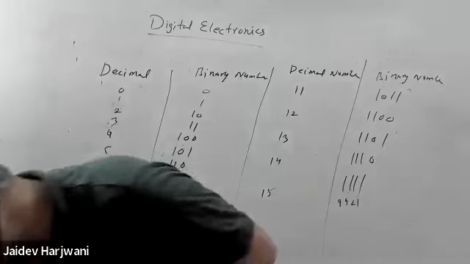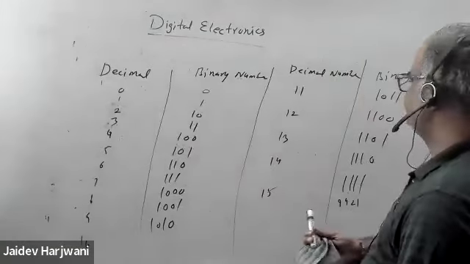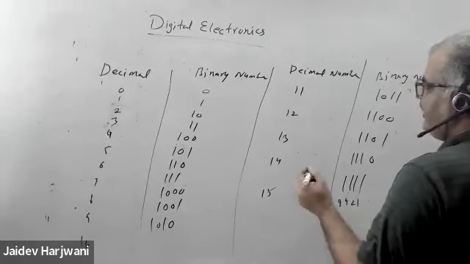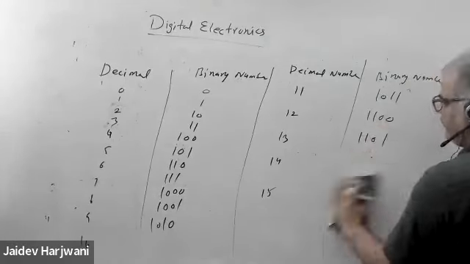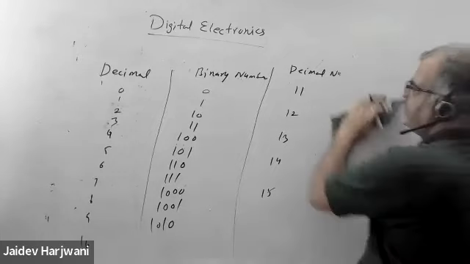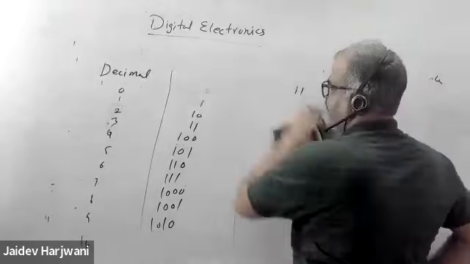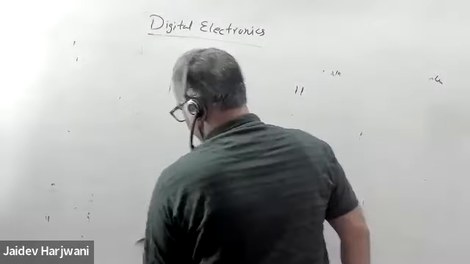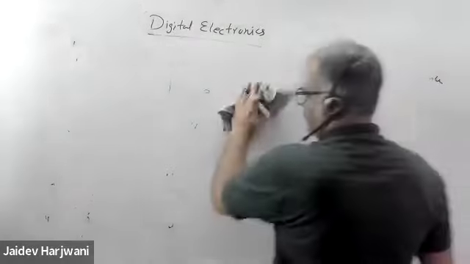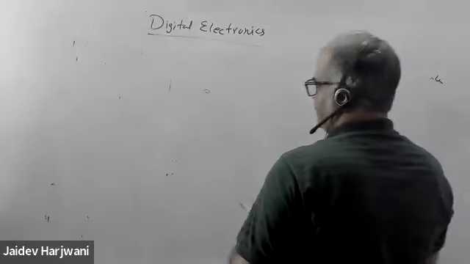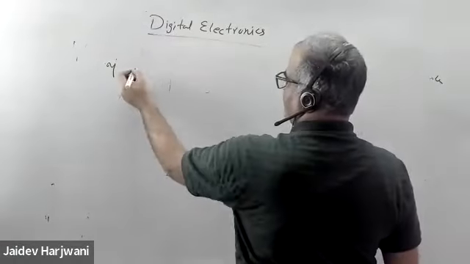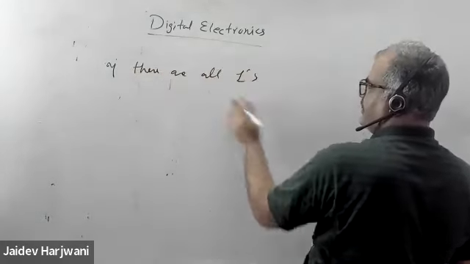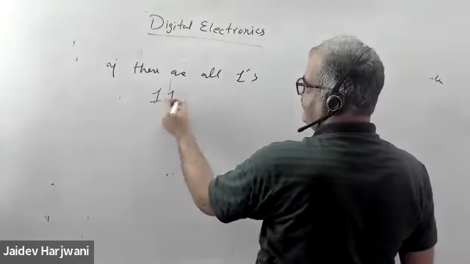Now if your digits are only ones, if in a binary number system there are all ones, then your number is made like this.